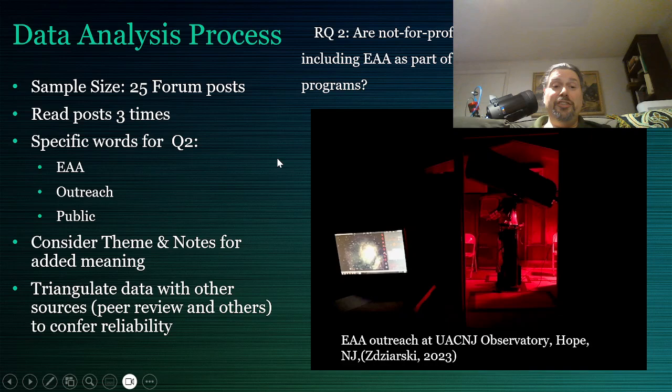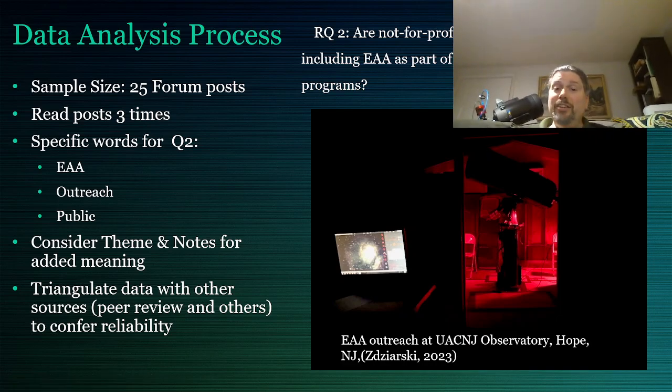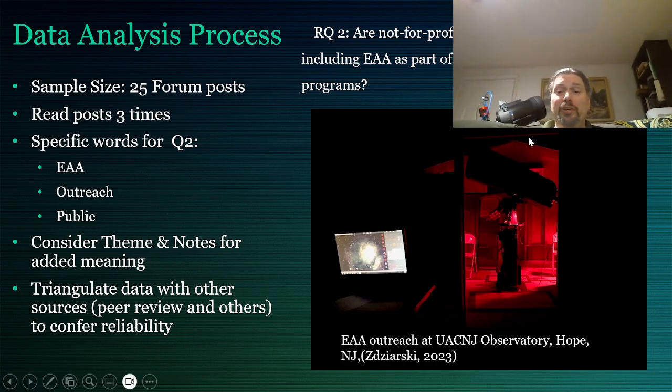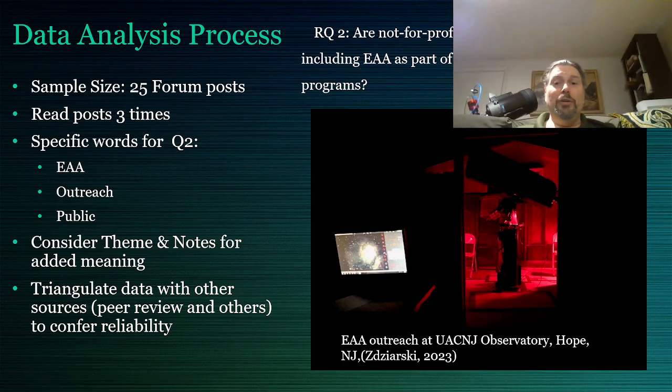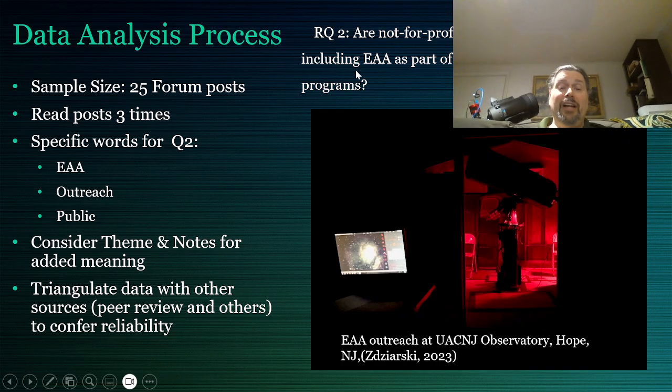So research question 2, the yes, no, somewhat is very similar on that one. The question here is whether not-for-profit organizations are including EAA as part of their educational outreach programs. Again, same sample size. We'll read the post 3 times. So basically, there's some uniformity between all of this.